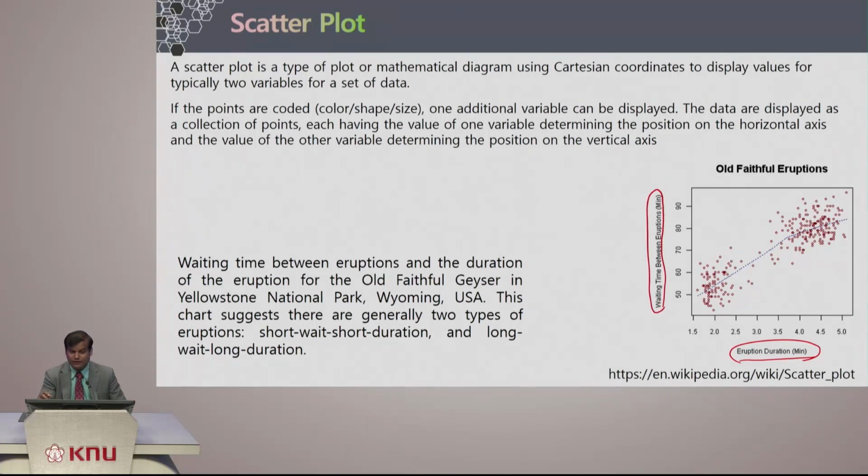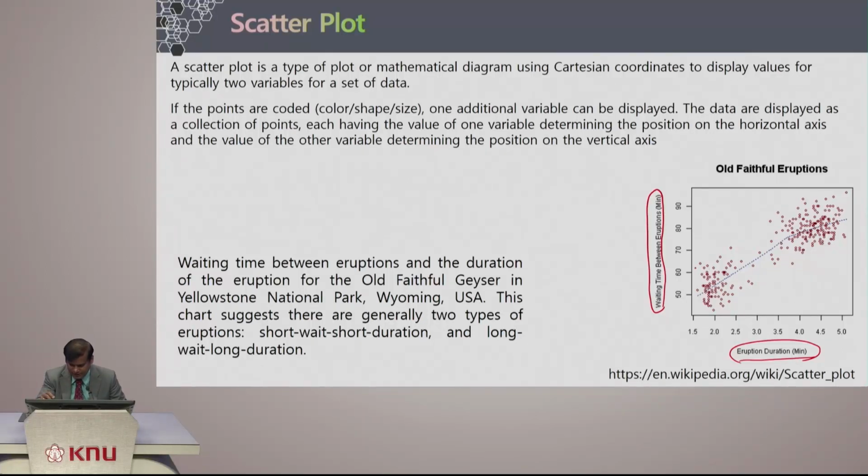So this is of the Old Faithful Geyser in the Yellowstone National Park in USA. So this chart suggests there are generally two types of eruptions. One is short wait, short duration, and the other is long wait, long duration.